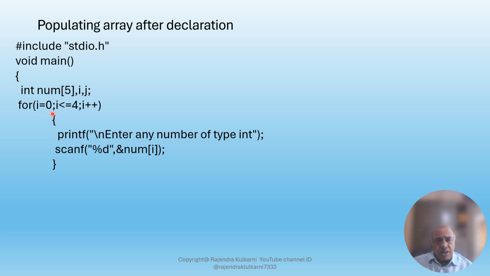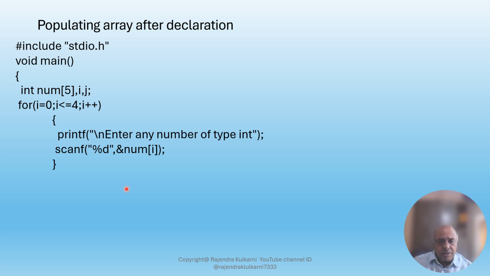So when the loop starts, i is 0. So the first number that the user inputs will be assigned to the 0th element of the array num, because i will be holding the value 0. So num[0] will be the 0th element of array num, which will be assigned with the first number input by the user.